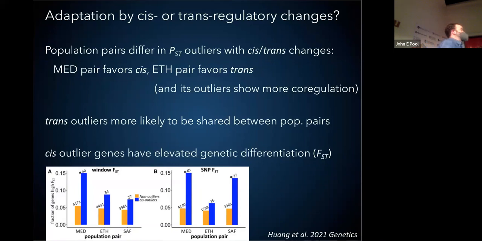And on average, we did in all three population samples, although they're not all significant. And it depends whether you're looking at window FST or SNP FST. The overall signal, though, is pretty consistent for this kind of elevation. So this is just the proportion of either cis outlier genes or non-outlier genes that might be evolving just neutrally that are within kind of the tail of our FST distribution.